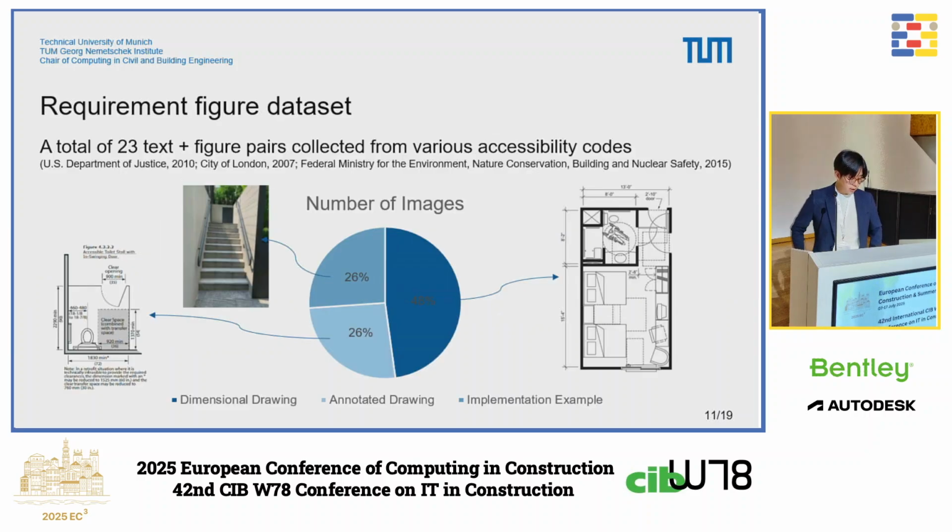In the dataset collection phase, we gathered a total of 23 text and figure pairs from various accessibility regulations and categorized the figures into these three representative types. From the dataset, one example from each figure type was fed into the prompt with sample ground truth data for in-context learning, while the remaining were used for testing.